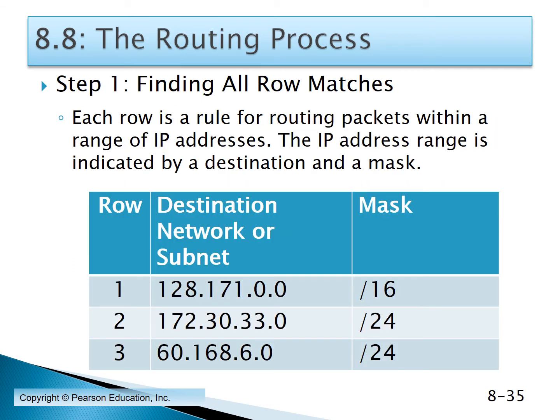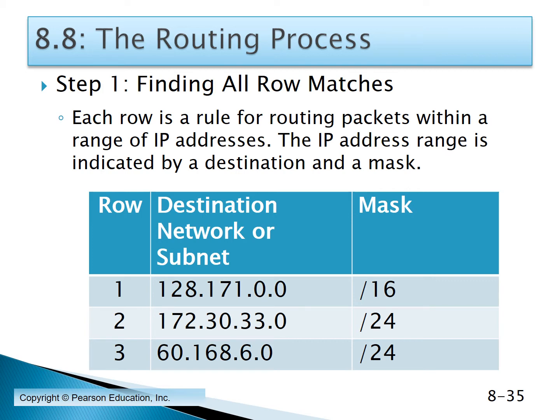So, for example, each row is a rule for routing packets within a range of IP addresses. The IP address range is indicated by a destination and a mask, like this. This one is a range of IP addresses for row number 1, and the mask is 16 bits. That means I'm going to look at only the first 16 bits of the IP address and compare them with these 16 bits to see whether they are the same.